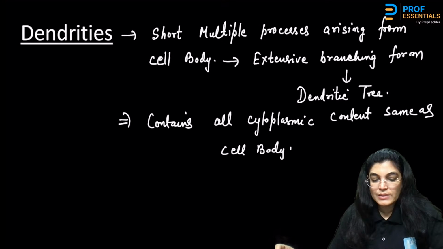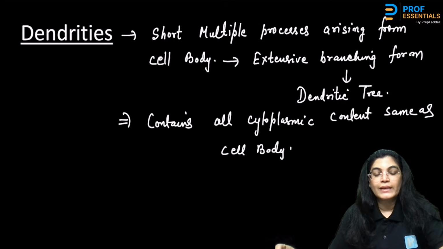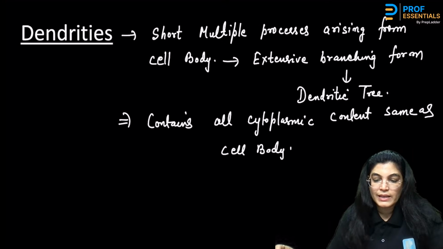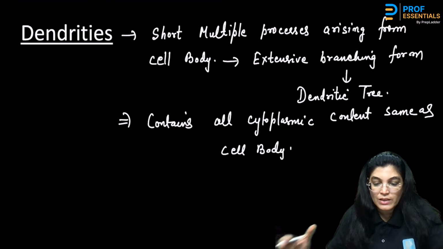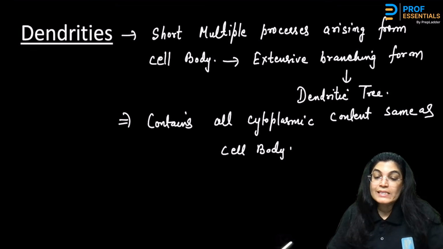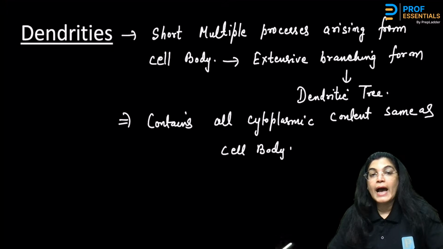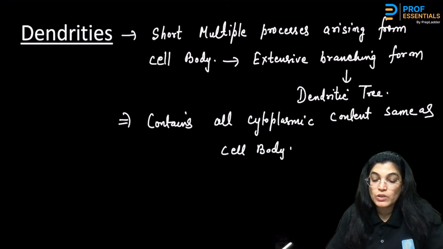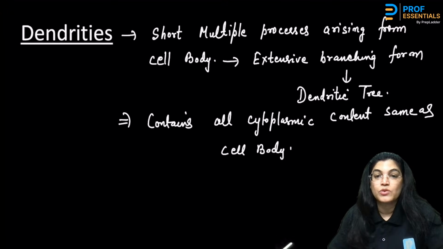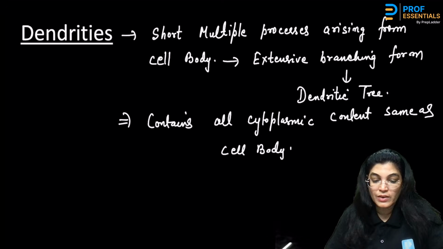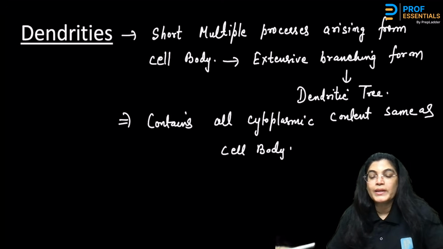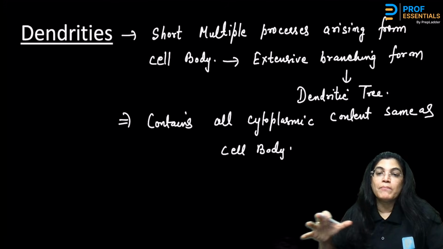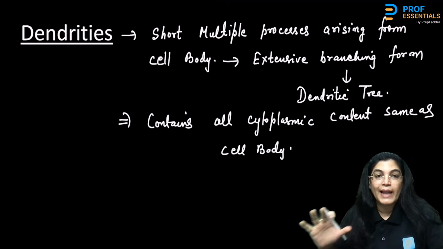Other than that, if we are talking about dendrites in the central nervous system, they provide structural support for the neurons. This is an important function. And in the peripheral nervous system, they also contribute to formation of the myelin sheath for the axons, and they are also nutritional. Dendrites are capable of mitotic division throughout their life. These are certain points which you should know about dendrites.